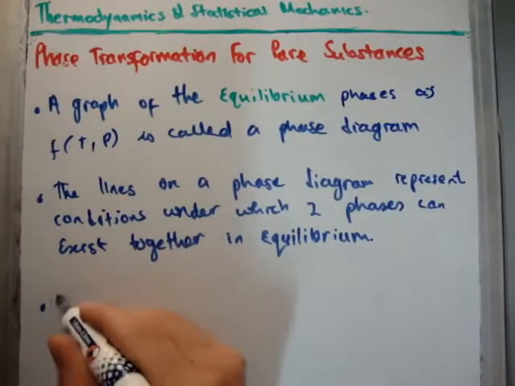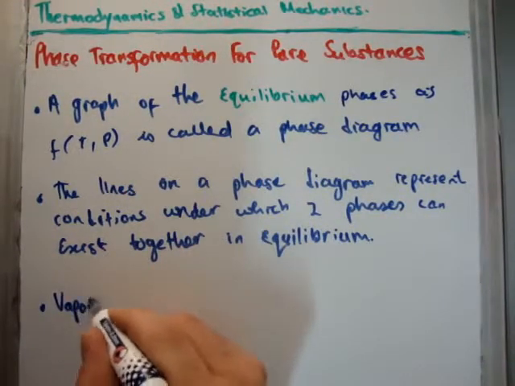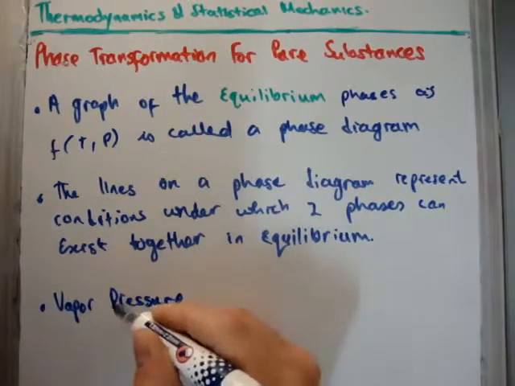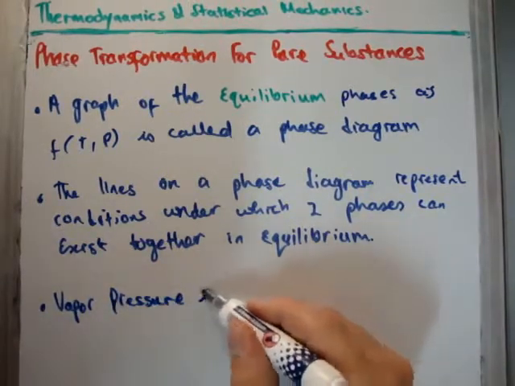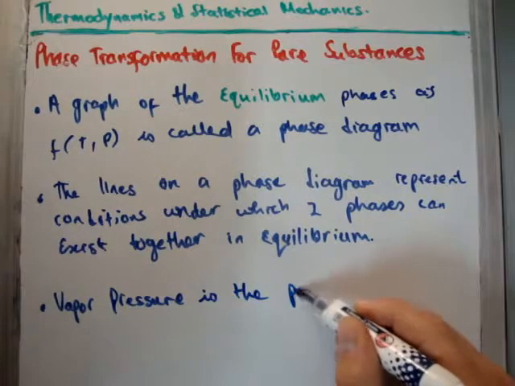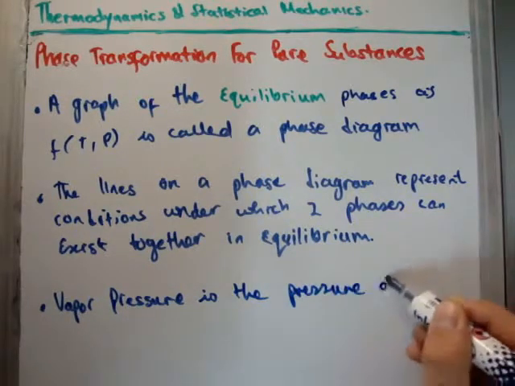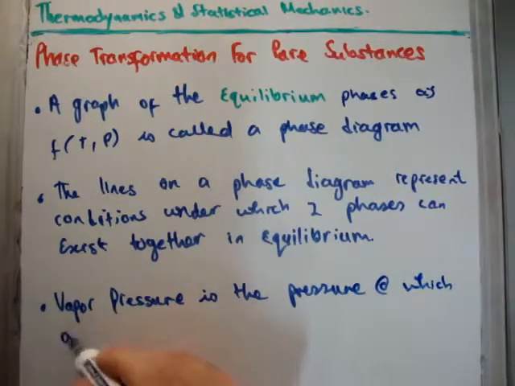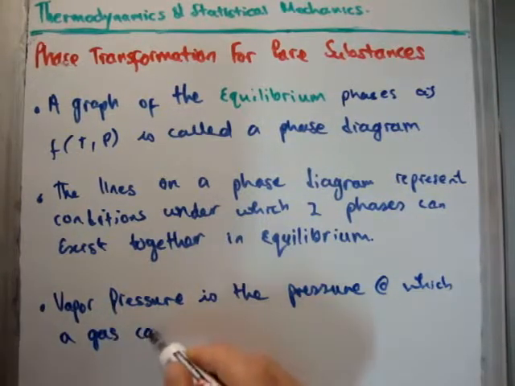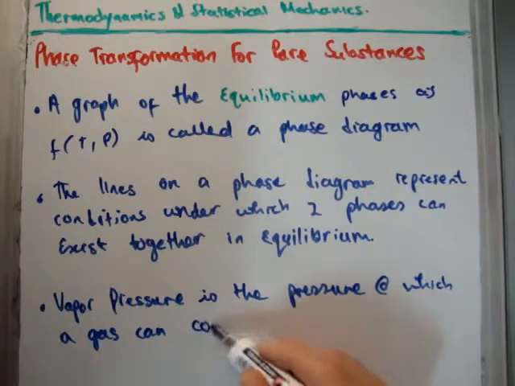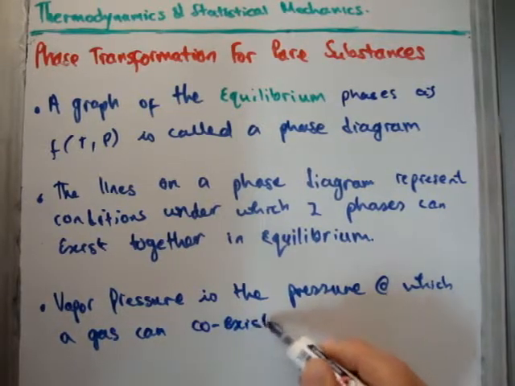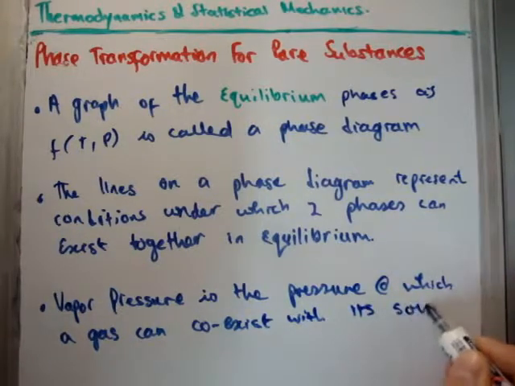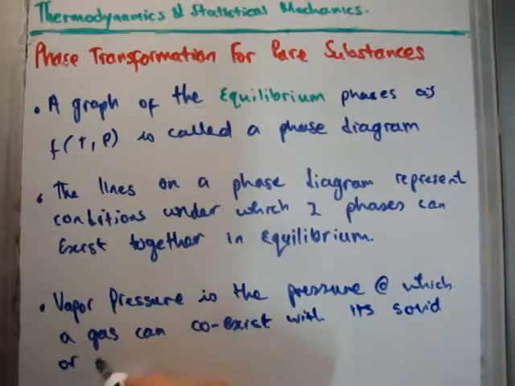And finally, the vapor pressure. The vapor pressure is the pressure at which a gas can coexist with its solid or liquid phase.